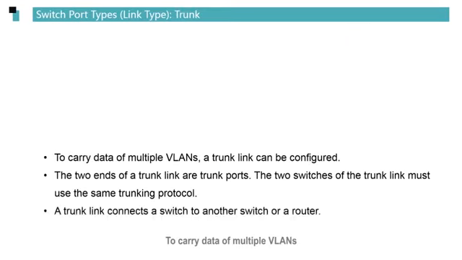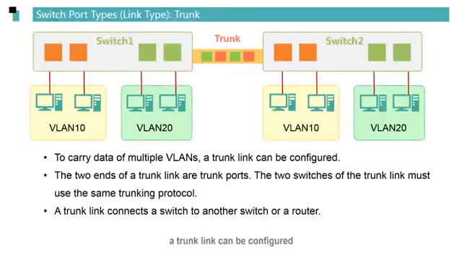To carry data of multiple VLANs, a trunk link can be configured. A trunk link connects a switch to another switch or a router. The two devices of the trunk link must use the same trunk protocol, and their ports that form the two ends of the trunk link are called trunk ports.